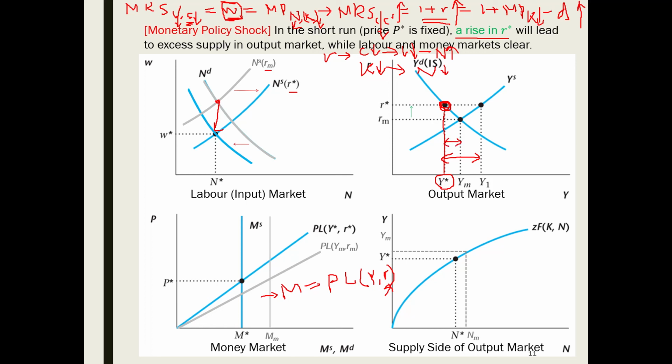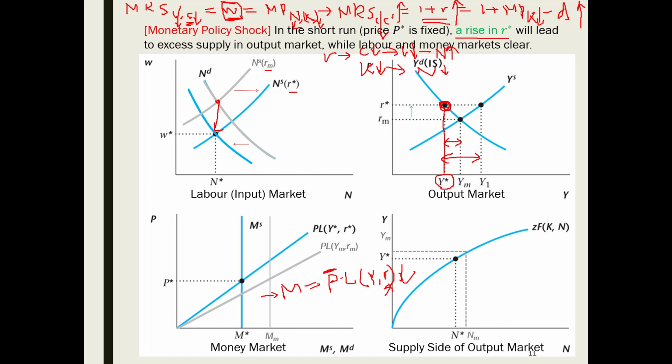Now let's turn to the last market, the money market. A rise in the interest rate will make the liquidity demand decrease. But in the money market equilibrium condition, M equals P multiplied by the liquidity demand. In the short run, the price level on the right-hand side is fixed.